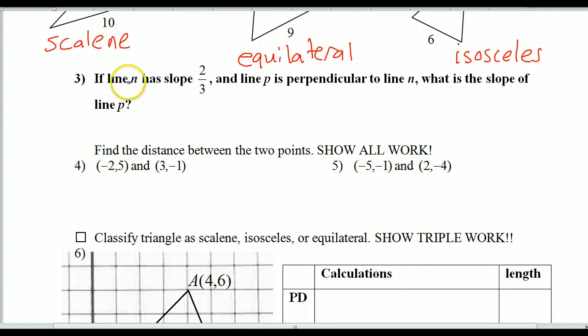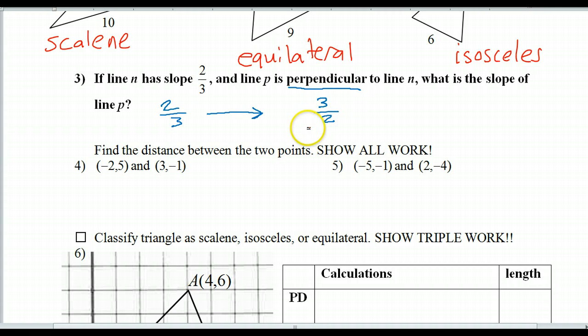It turns out that if you have lines that are perpendicular, their slopes are opposite in sign and reciprocal. Okay, do you remember what reciprocal means? So if I have 2/3, like we have to start off with, what would be the reciprocal of 2/3?